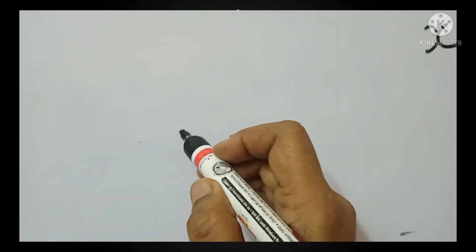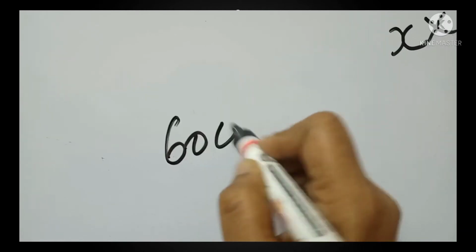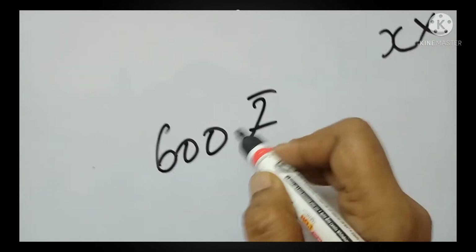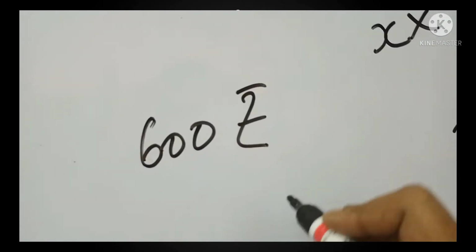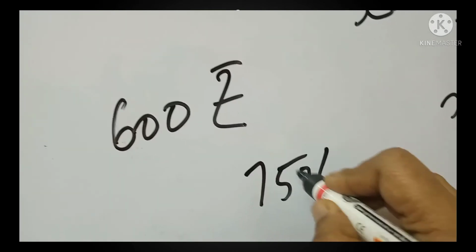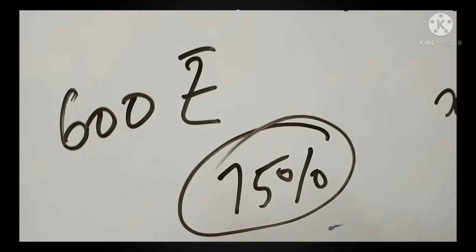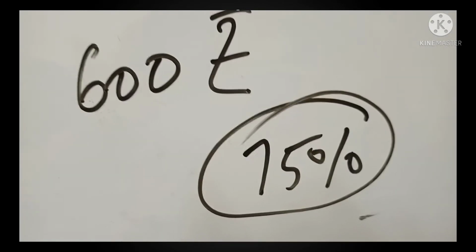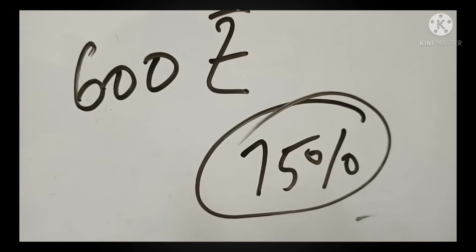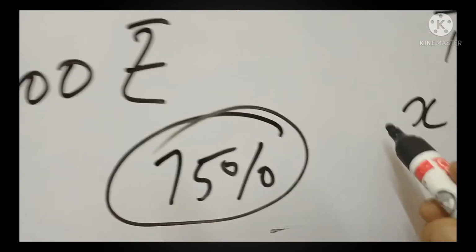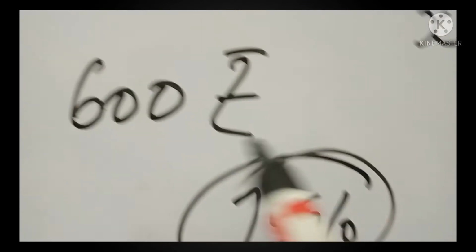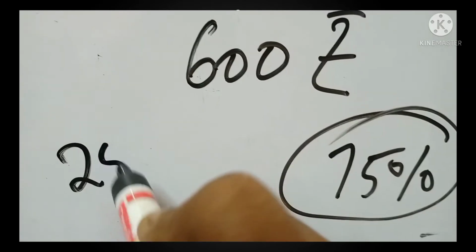Then the fifth question. Chameli had rupees 600 after spending 75% of her money. That means 75% was spent from her total salary, then the remaining is 25%.